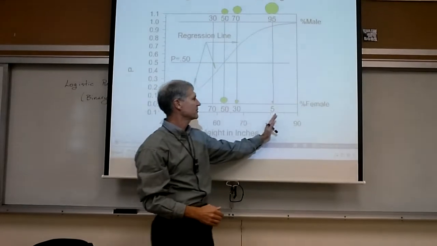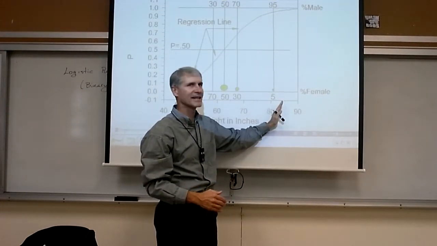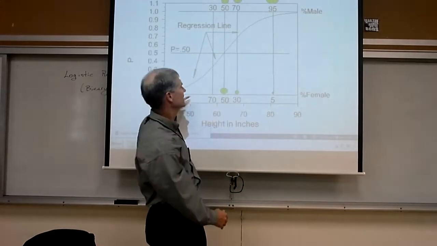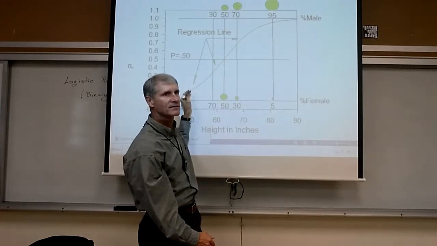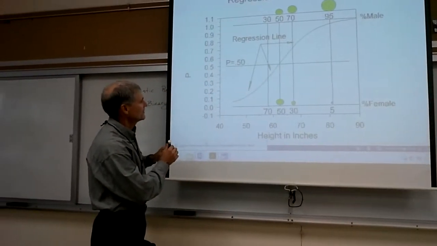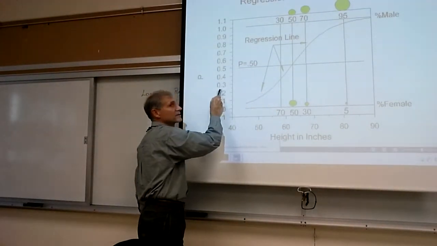So by the time you get up to a tall height, you've gotten almost all the females there are. So this is a cumulative distribution of female height. So then the question is, if I know their height, can I model what the probability is of being female?